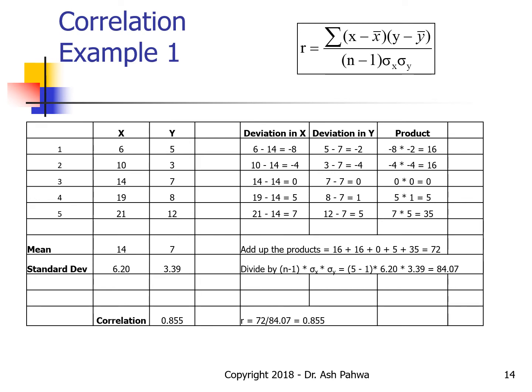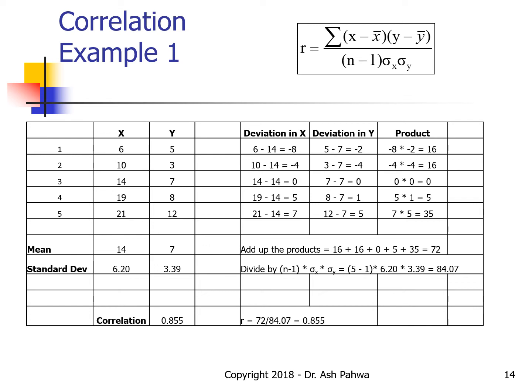When we were computing the covariance, we saw this example where we computed the mean of x and y values, then we computed the deviation of all the x and y values from the mean values. Finally, we multiplied these numbers together and added all of them. So 16 plus 16 plus 0 plus 5 plus 35 comes out to be 72.